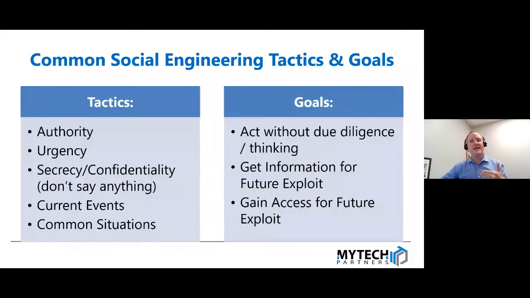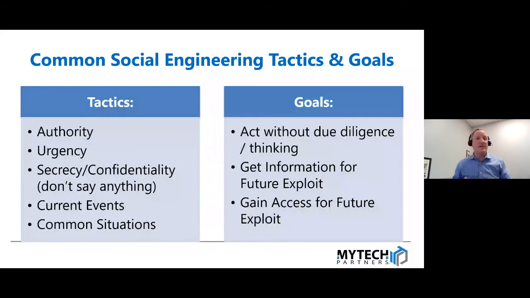So here's some of the common tactics and goals that social engineering has relative to targeting your team. Social engineering tries to use the sense of authority. Again, this speaks to some of the reasons why social engineering is effective, because people in positions or roles of authority oftentimes influence people's decisions.